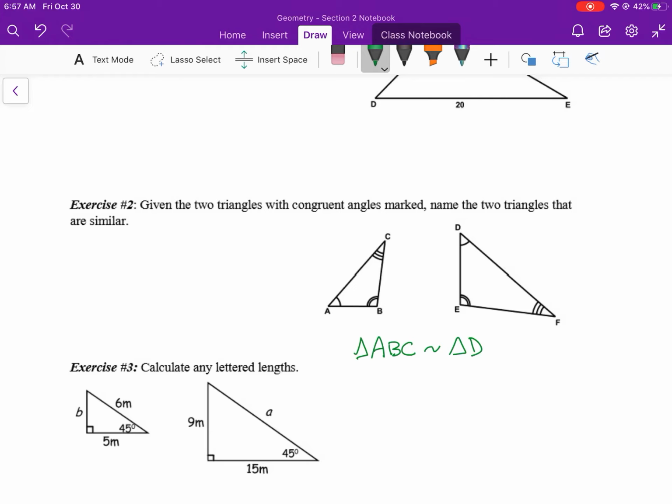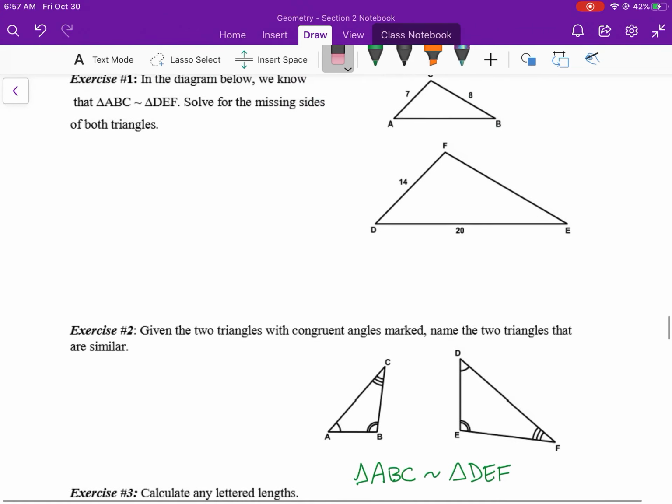And then B has 2 marks in it. Which angle in the other triangle has 2 marks in it? Well, that would be E. That shows that those two are equal. And then C has 3 marks in it, and that's F over here. So when you name similar triangles, you have to make sure that you are matching up the correct angles, okay?